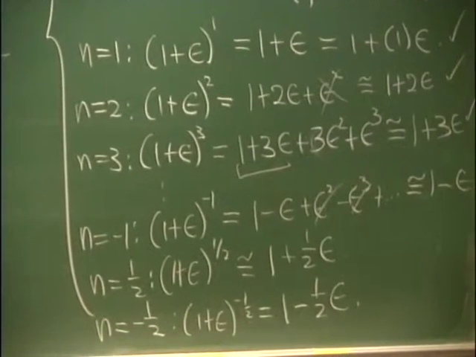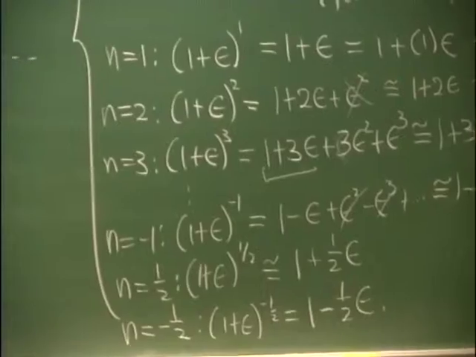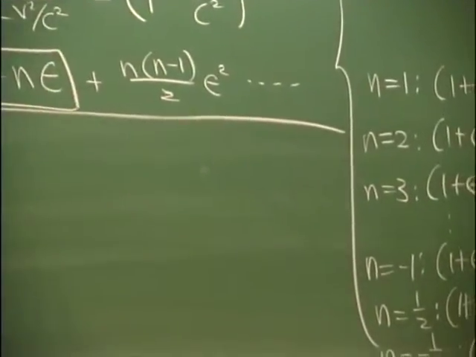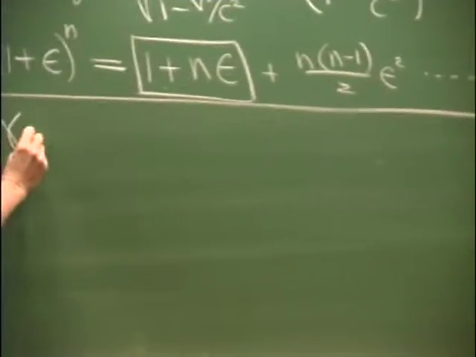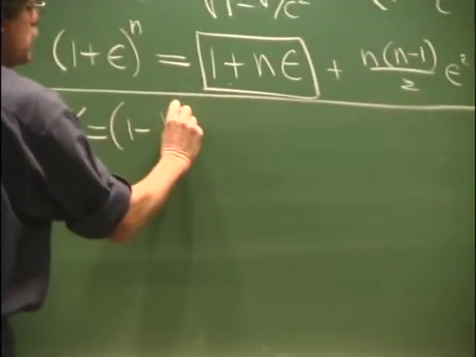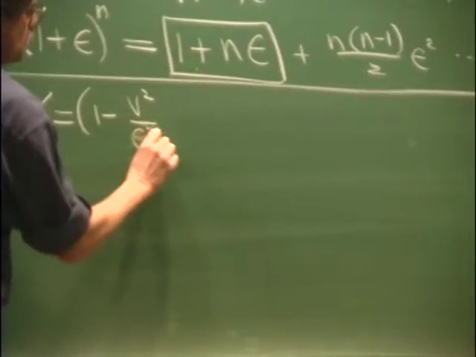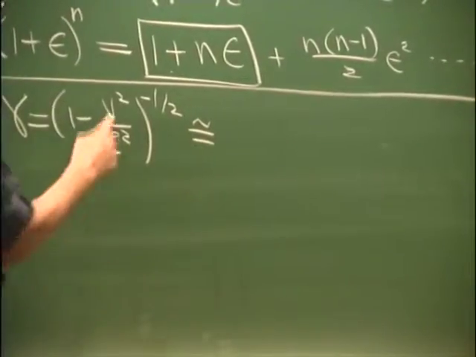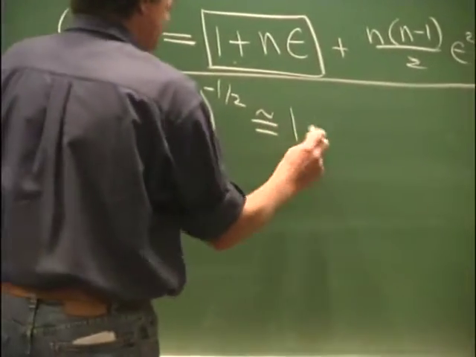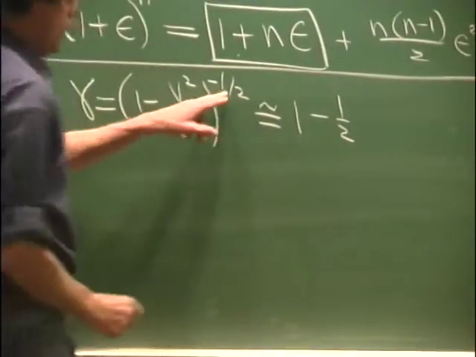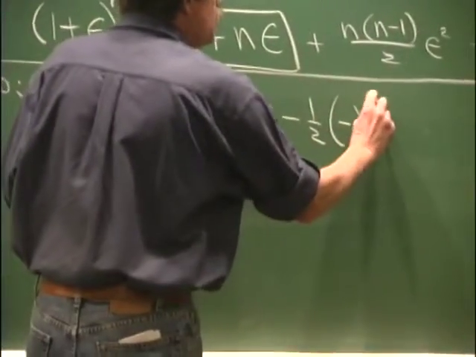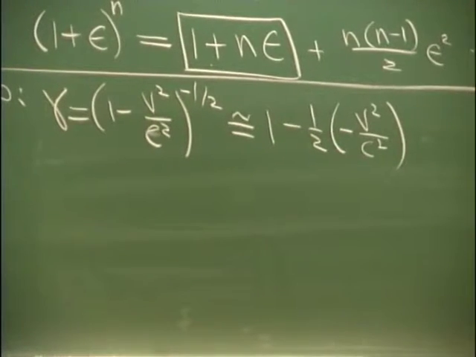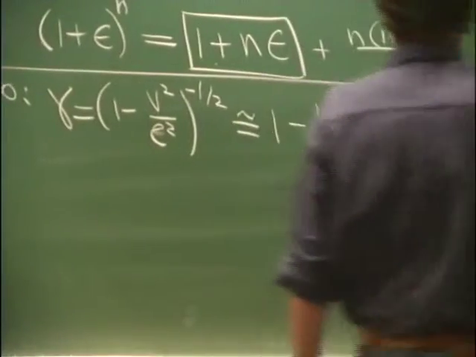So, all of that is just to try to motivate the formula that I propose to use to approximate gamma. Gamma is (1 minus v squared over c squared) to the minus 1/2, which would be approximately, for small v over c, 1 minus 1/2, there's the n, times minus v squared over c squared, there's the epsilon, and then there would be higher order terms, but they're small, provided that v itself is much smaller than c.